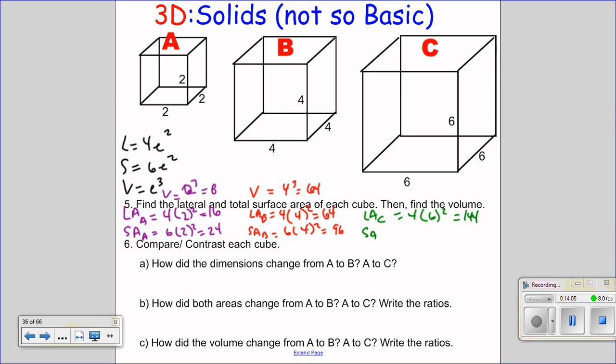The surface area for C would be 6 times 6 squared. So 36 times 6 is 216. And then the volume would be 6 to the third power. So 36 times 6, which is 216 again.